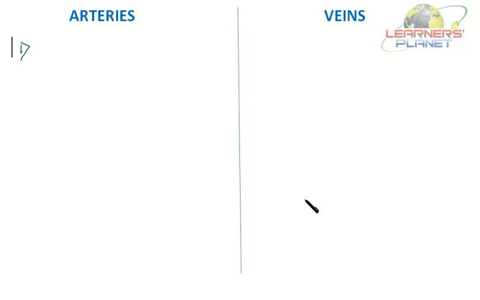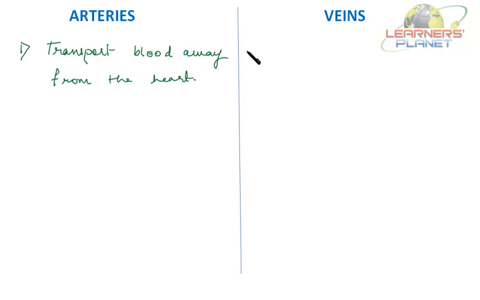So students, the first difference between arteries and veins is that arteries transport blood away from the heart, while veins transport blood towards the heart.